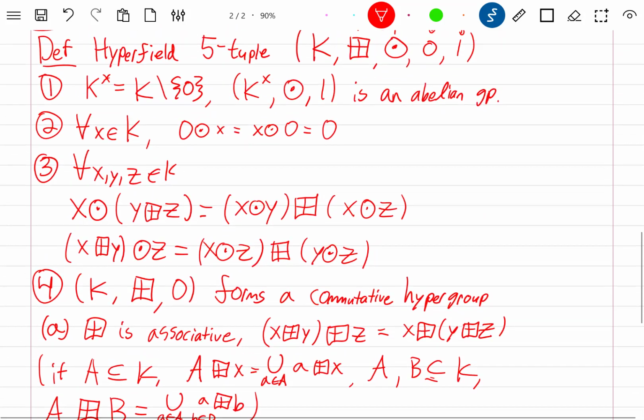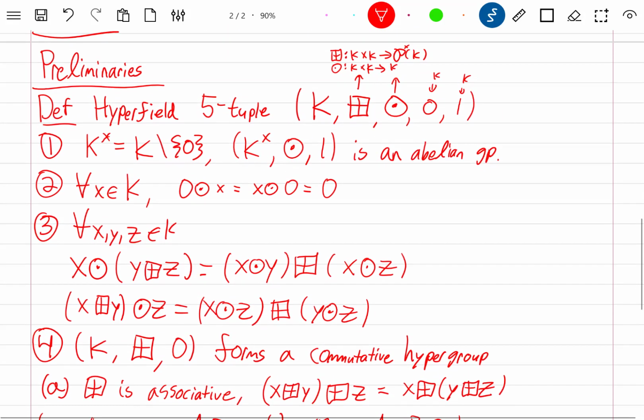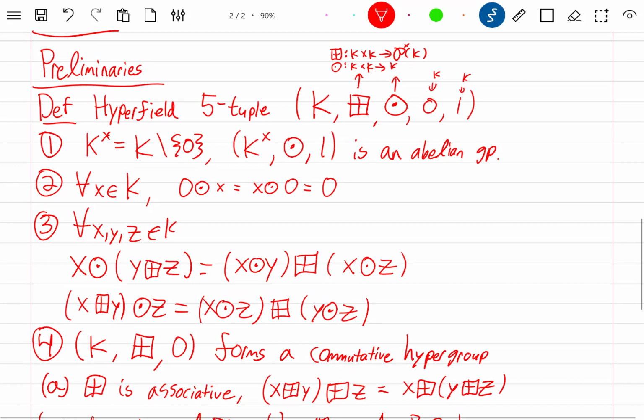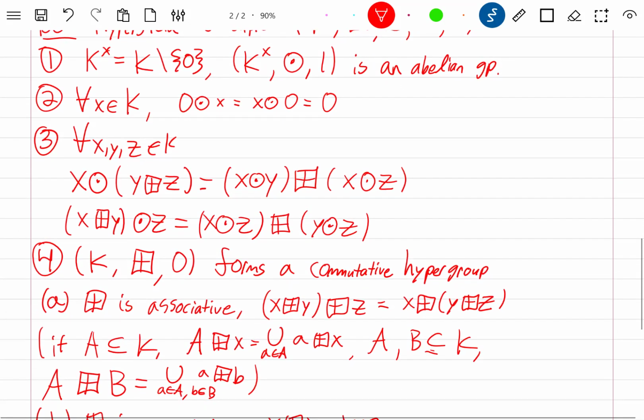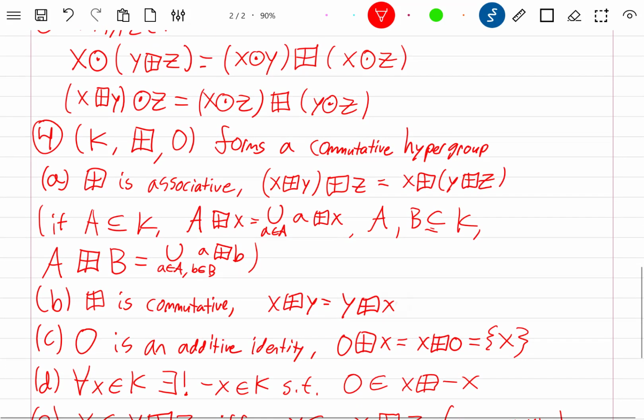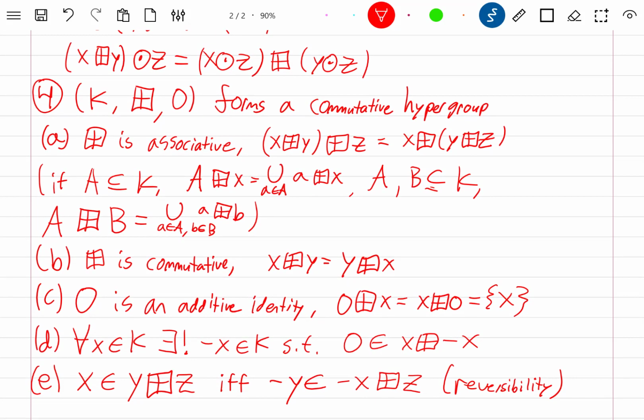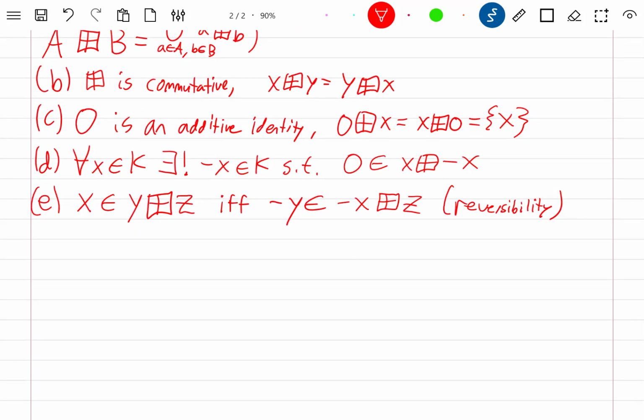So it's just going to be a field, or a set with an addition and multiplication. But multiplication behaves the usual way, but the real interesting part is the addition is now allowed to be multi-valued. So let me begin by giving you some examples. Probably the first and silliest example, since these are generalizations of fields, is that a field is a hyperfield.